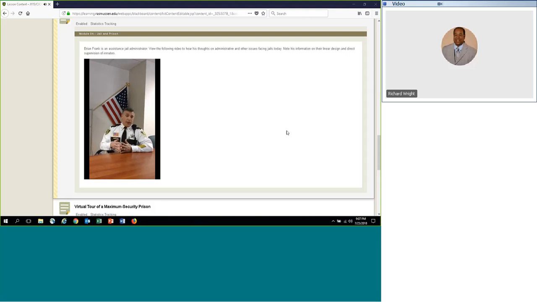So this is where we have our lockdown inmates. If they go into disciplinary sanctions, they're locked down 23 hours a day, and they have 1 hour out where they can go into the day room. Once they have that hour out, they can use the phone, they can shower, read the paper. So that's basically what they're able to do during that hour.